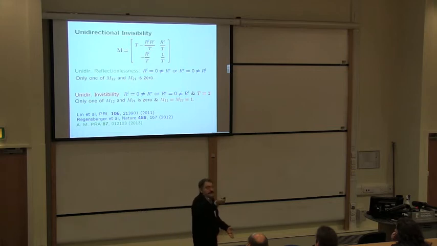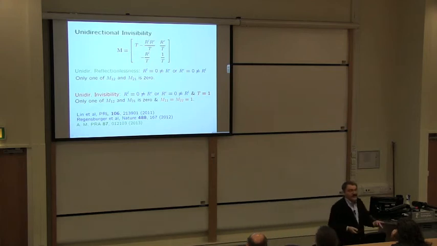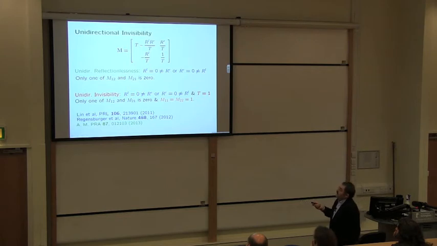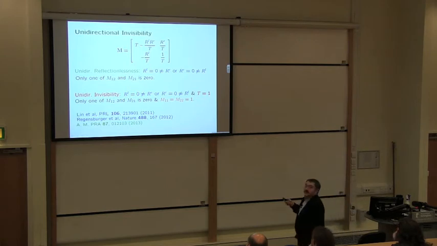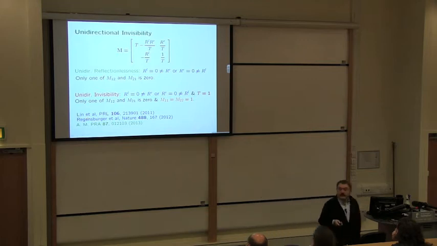So there is no way you can see the scatterer. Whereas from the other side, there is reflection, you can see it. So this is genuine invisibility. Again, this was published in PRL in 2011. There were a few papers beforehand, but essentially this paper made it famous. I think it has like 150 citations in 3 years.